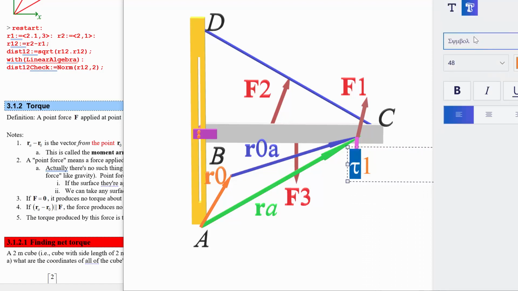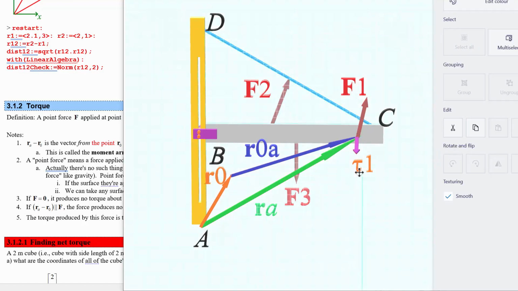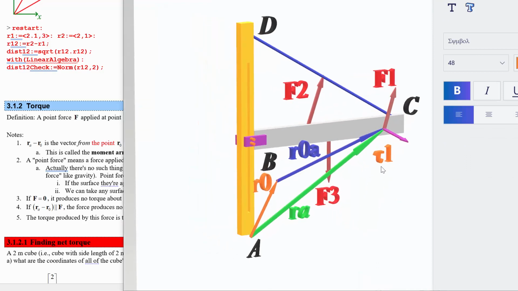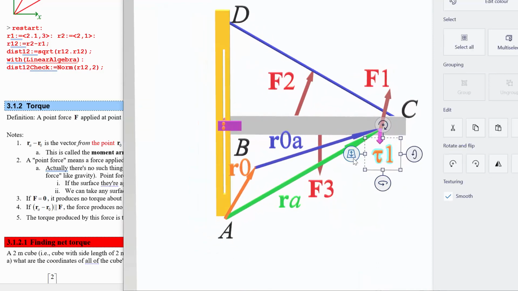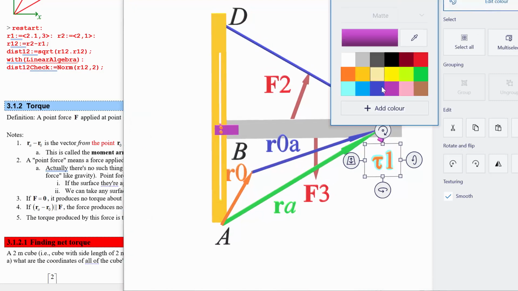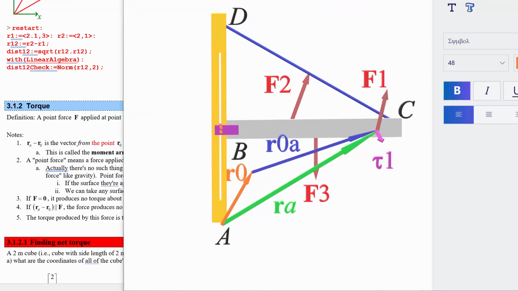Great. And even make it bold in this. That's kind of cool. So there's our torque produced by the cross product of those two vectors.